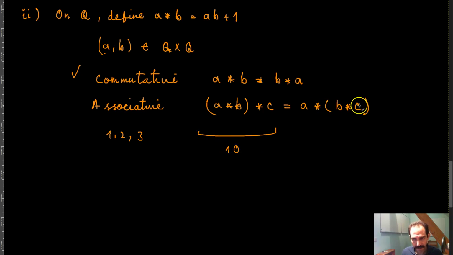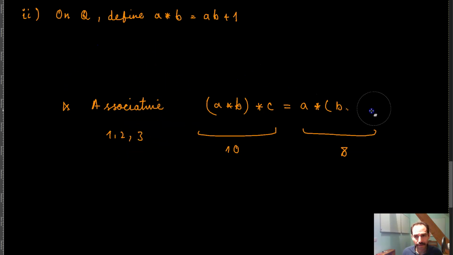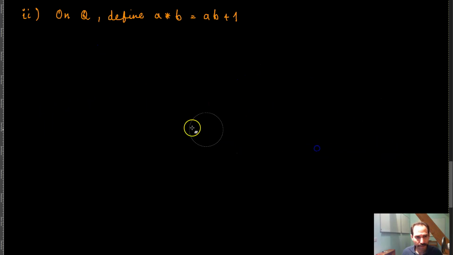And then 1 star (2 star 3) would be 1 star 7, which would be 8. So this would be 8 for these 3 values, and then of course it's not going to be associative. Now, in order to write this down, we can write it down this way.